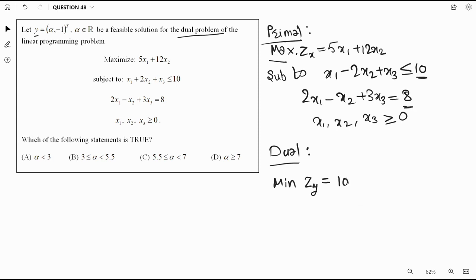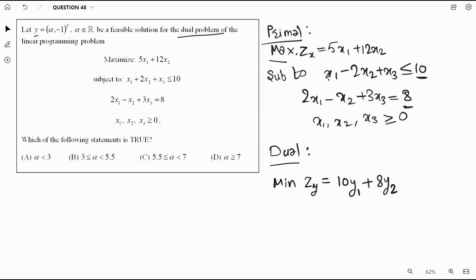So it will be 10y1 plus 8y2. So the number of constraints in the primal is equal to the number of variables in the dual, right? Okay, now let us form the constraints.